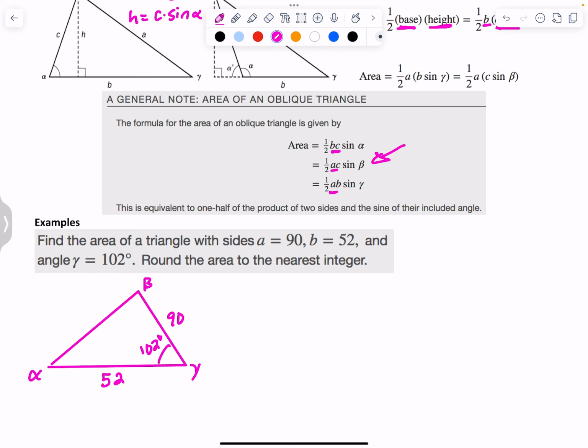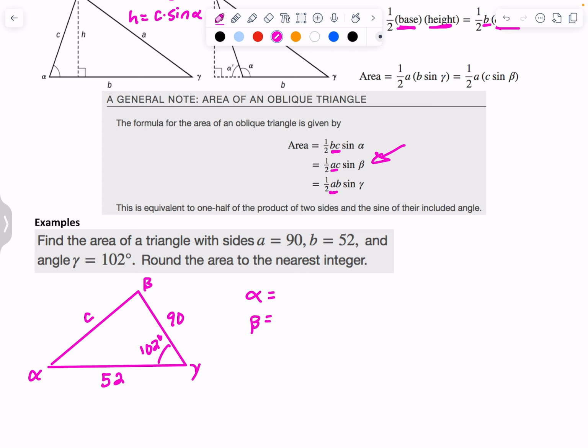I really just need to find that other side, so we'll call it little c. Now, notice that I actually have enough info to do law of sines. So sine of 102 degrees is going to be over c. Do we have enough info? Give me a sec. I think I messed up somewhere. Let me draw out my chart. I'll show you how it actually helps me out.